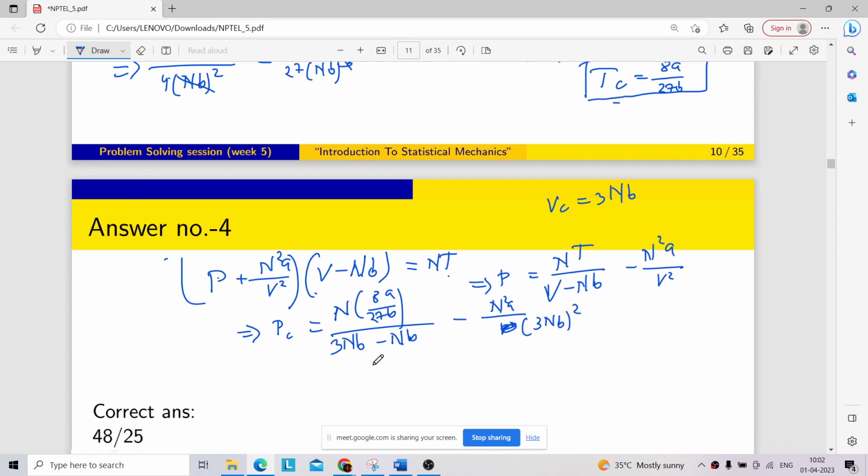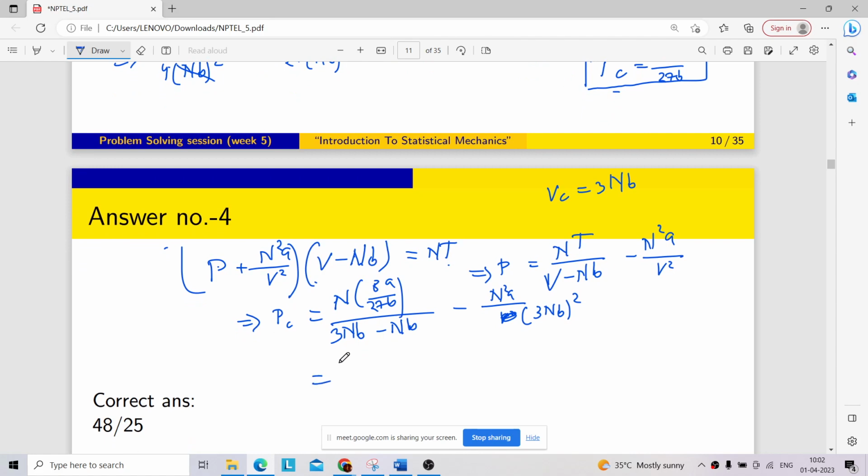So the PC value will be N times 8A over 27B into 1 over 2NB, and cancels, 2, 8 cancel, 4, and from the second term N square cancels, so A over 9B square.